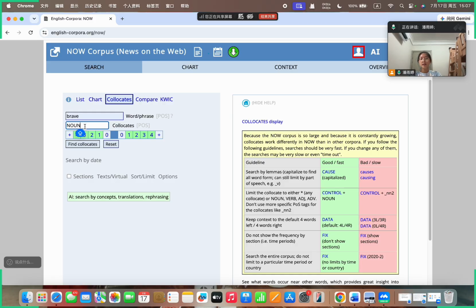So it only finds nouns, and I set the span to 0 on the left and 2 on the right. So it captures the noun right after the adjectives. Then I click Find Collocates.